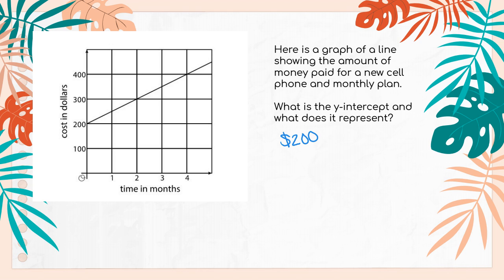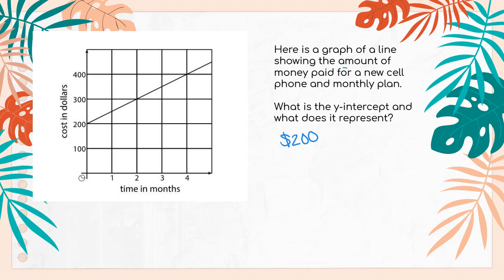There's a couple, since we're not given a whole bunch of information, but it says here is a graph of a line showing the amount of money paid for a new cell phone and the monthly plan. So we have two things. So the monthly plan would be how much it's going up by per month, right?